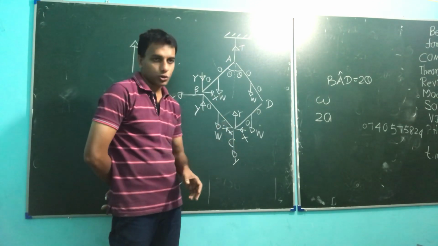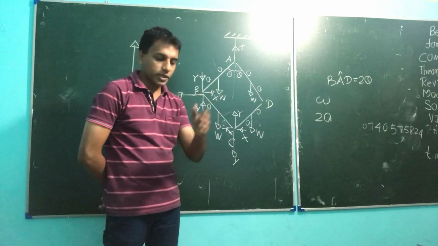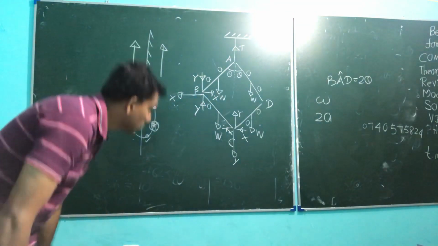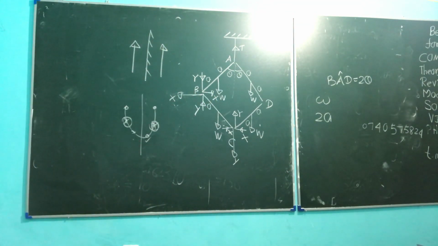Now I show this also, so write this. The framework ABCD is symmetric about the vertical line AC.